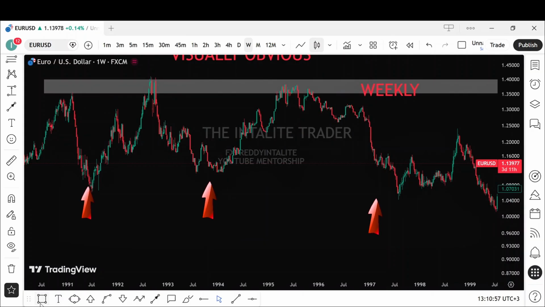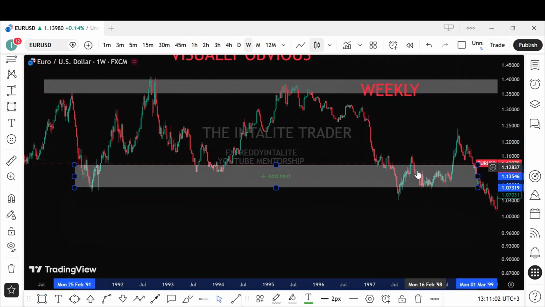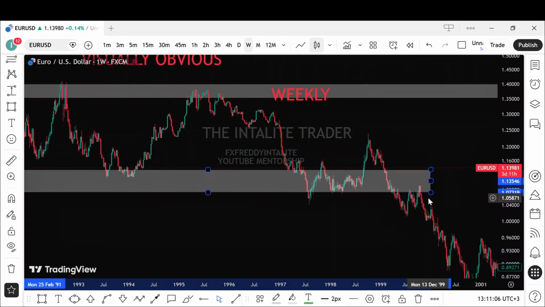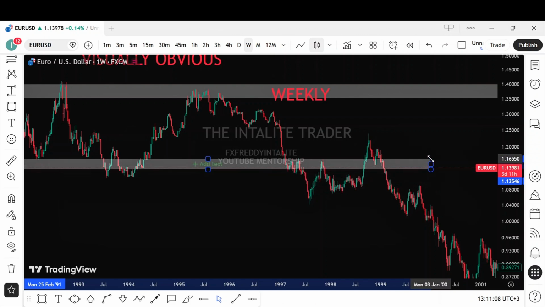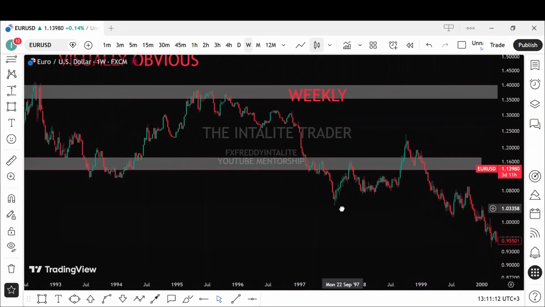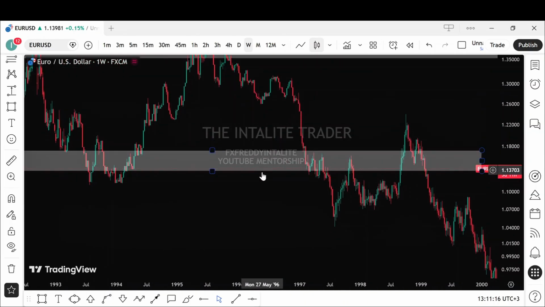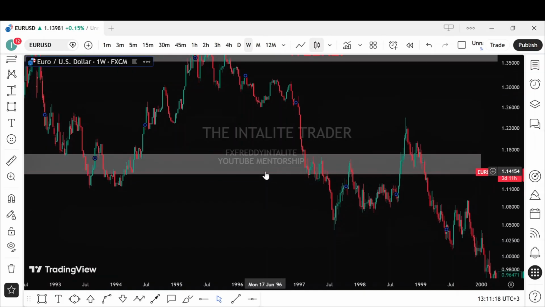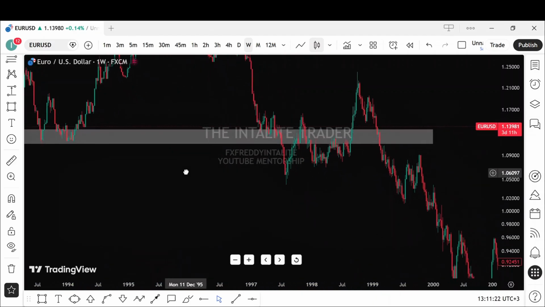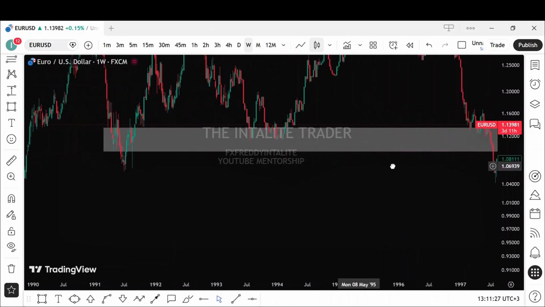You have such a level here. What does the market tell you when you see such a level? Here you have price first of all, and this one we shall use as a zone.